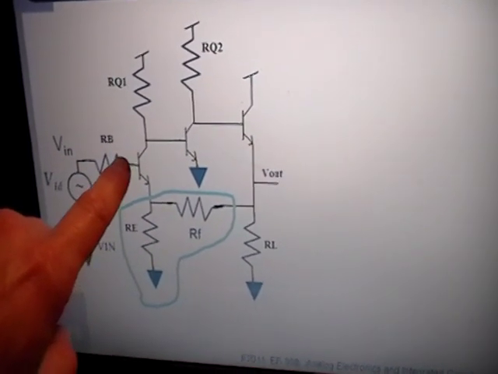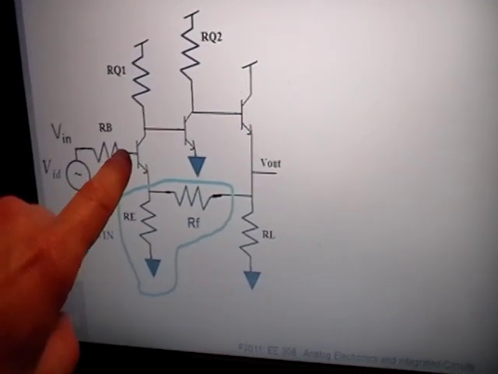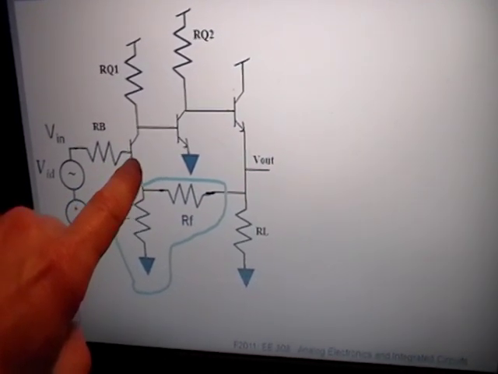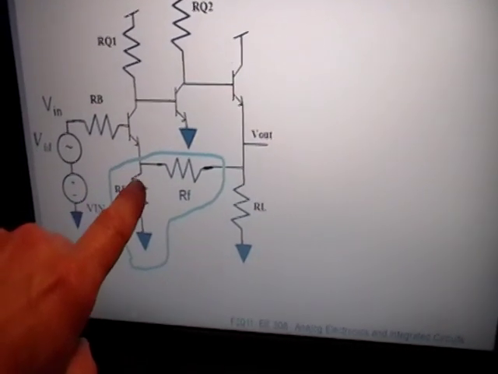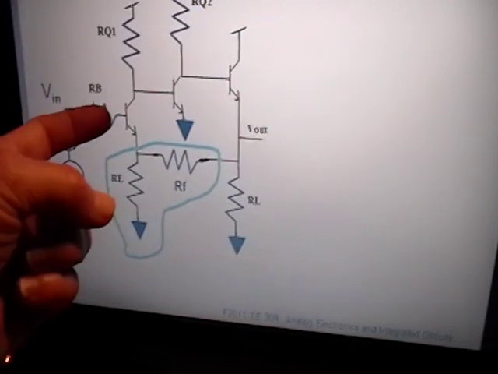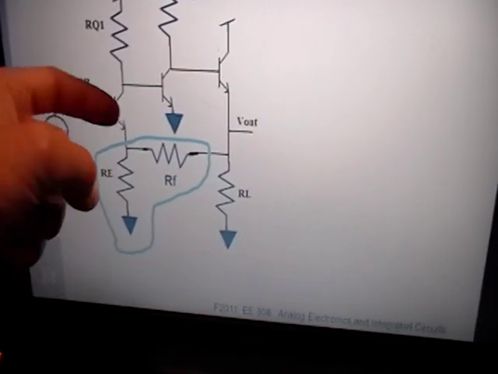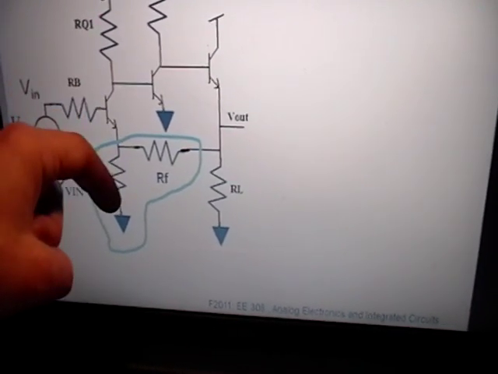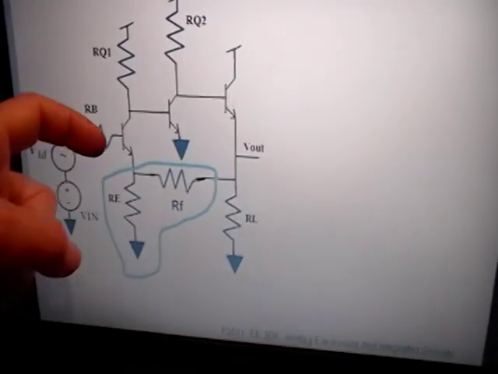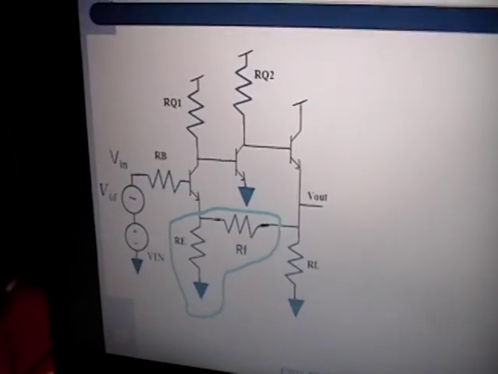If you draw a path from the input to ground, you go through the base of the transistor, down out through the emitter, and then you hit the feedback, go through a resistor and hit ground. It's kind of a series connection. It's R pi, and then you hit the feedback, and then you hit another resistor, and then you hit ground. So this is a series input. We'll see what a shunt looks like in a minute.